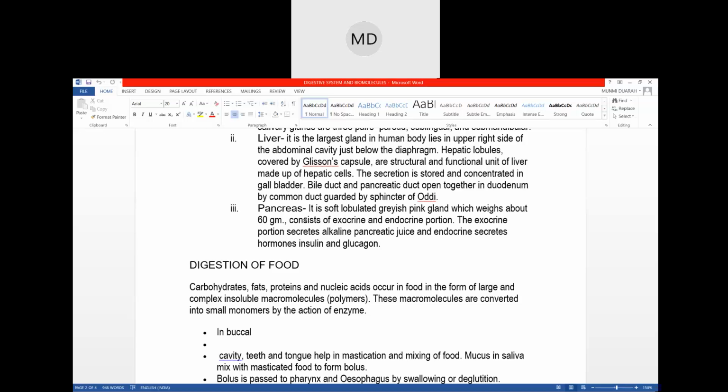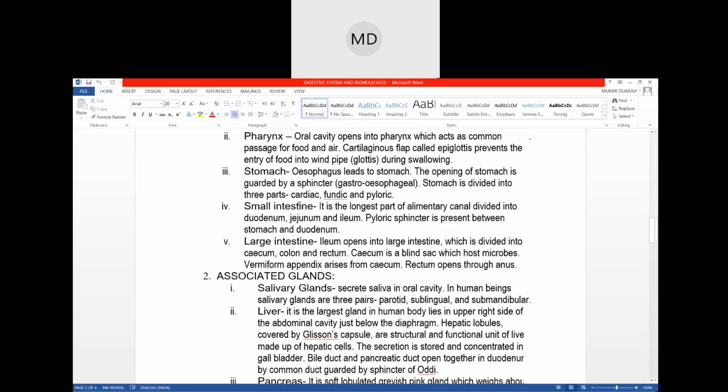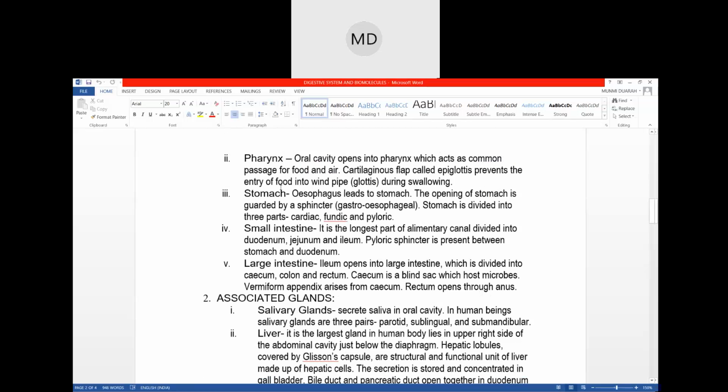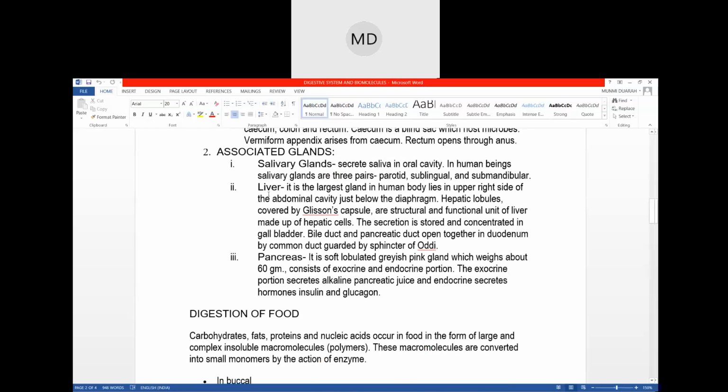And heterocrine glands have both exocrine and endocrine parts, like the pancreas. The exocrine part of the pancreas secretes pancreatic juice, and the endocrine part secretes hormones, that is insulin and glucagon. So these are the three glands associated with digestion: salivary gland, liver, and pancreas.